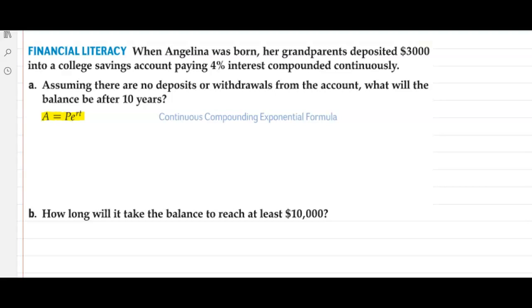Here, we can take all the information we're given and plug it into this equation to get our answer. A few things to point out. A is the amount that we end with. P is the principal, it's what we start with.